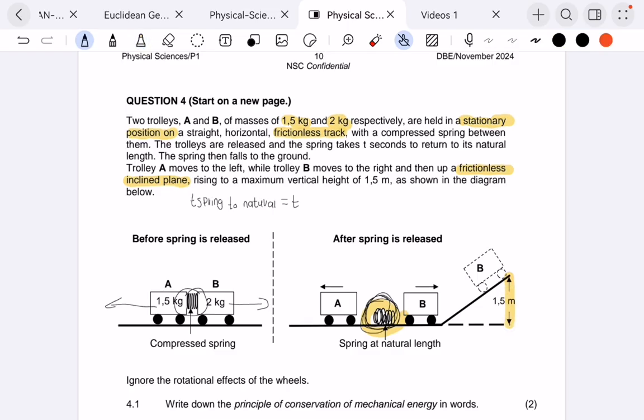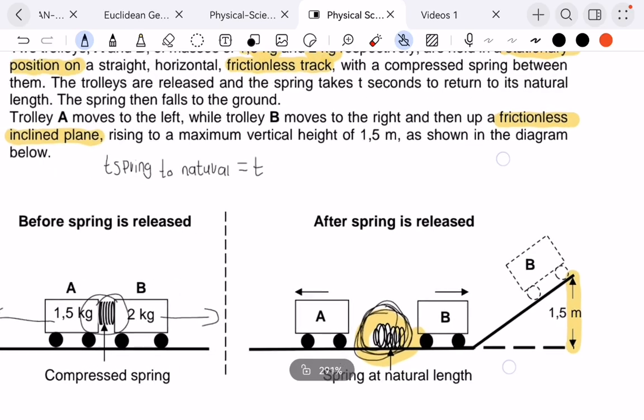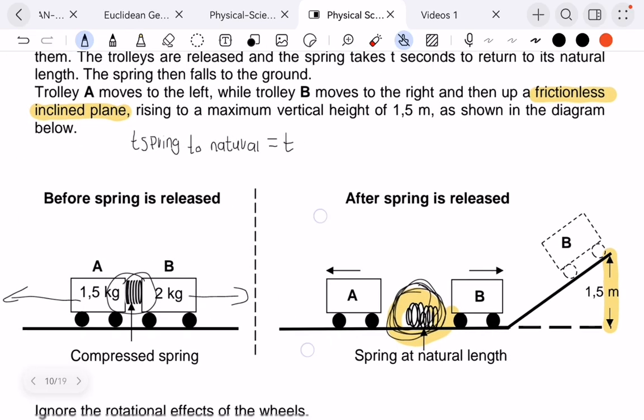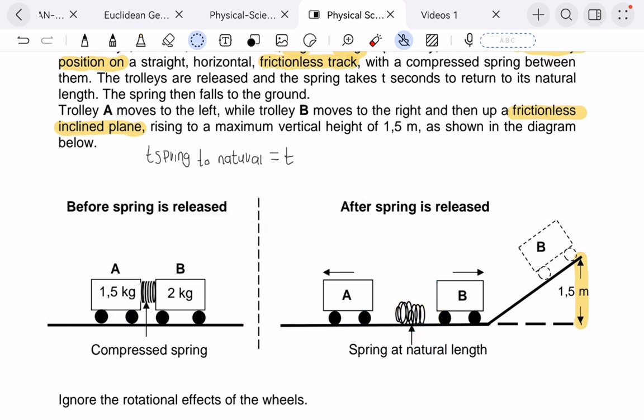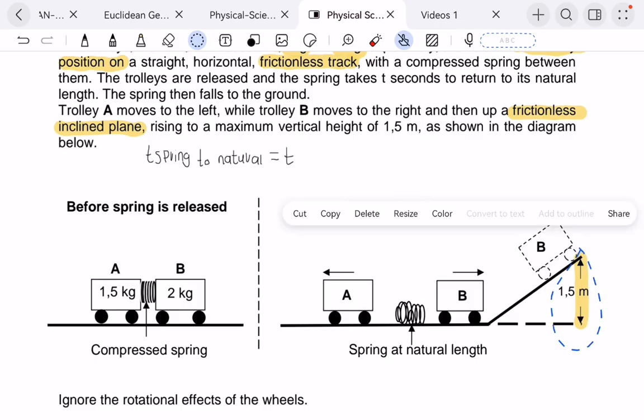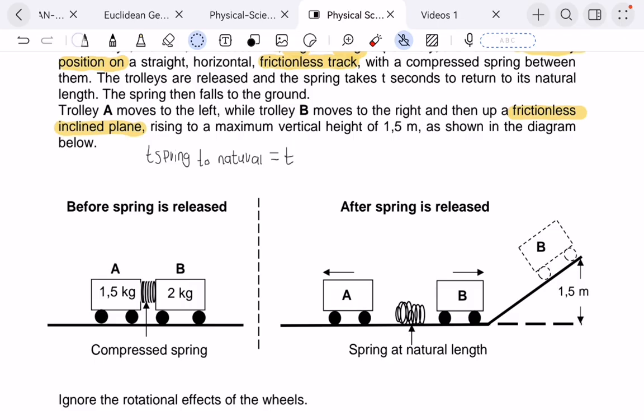If I'm given something like this, I always try to write everything I know in my diagram. So this diagram, let me just remove these labels. I'm going to remove this one and this one also, and start afresh.